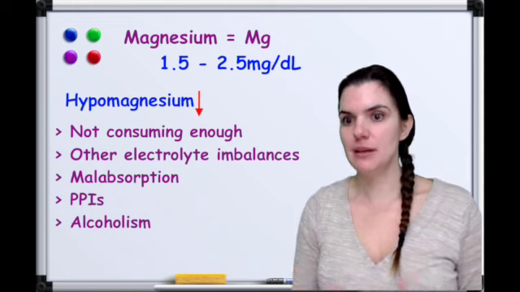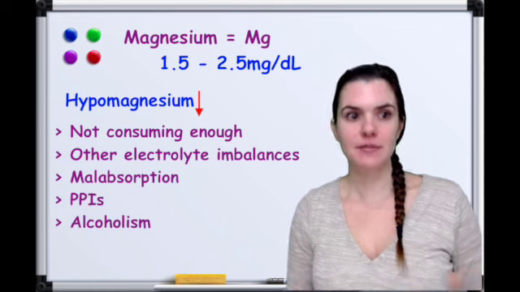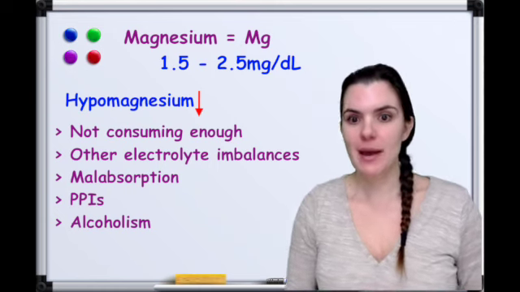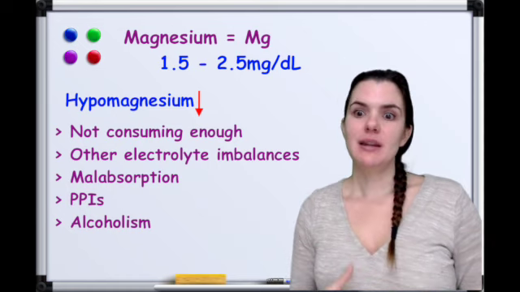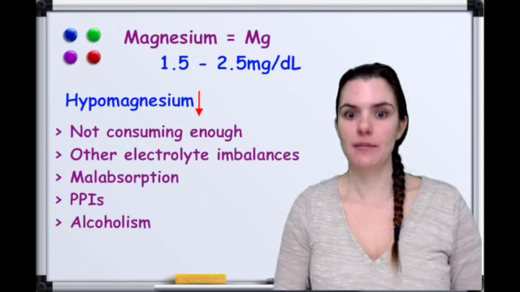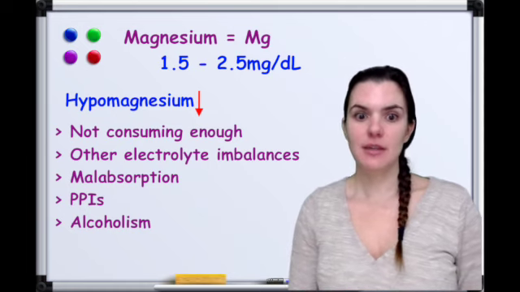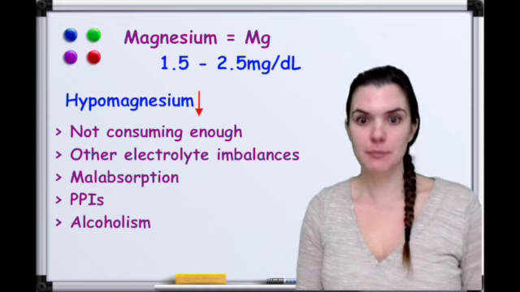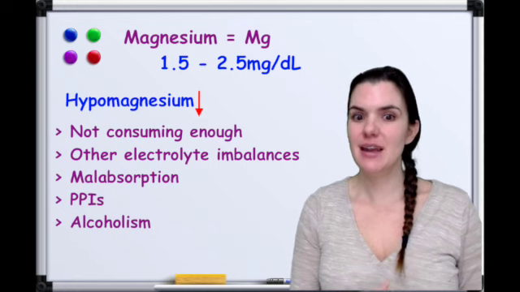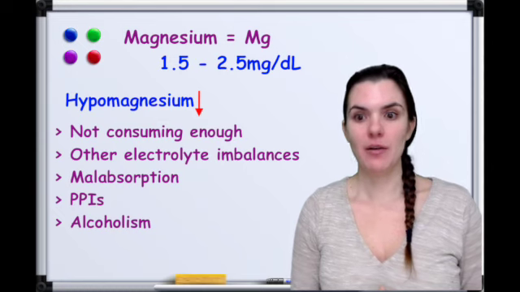So a lot of times, if your calcium levels are low, your magnesium levels will also be low, and vice versa. One of the main causes of hypomagnesemia is not consuming enough magnesium, or we have malabsorption disorders of the small intestine. Another reason for low magnesium is if they are taking a PPI, a proton pump inhibitor, which can decrease the absorption of magnesium. Another significant cause for low magnesium is in patients who have alcoholism.